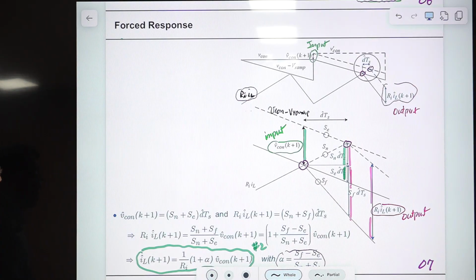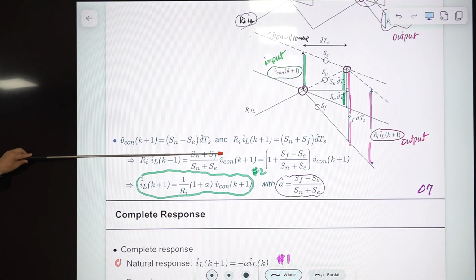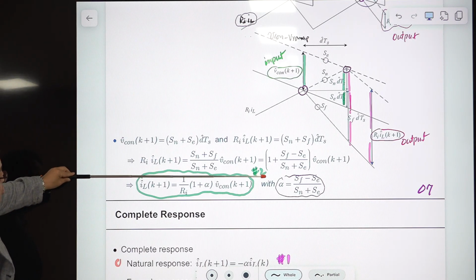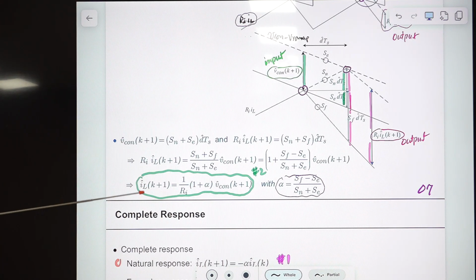Okay, then this is the equation. This is the equation. Okay, and this is the equation. And we have this, then this is simplified as this, okay? IL K plus 1 is this.